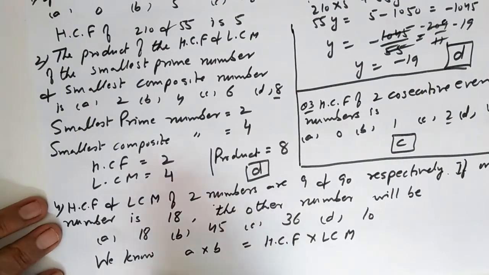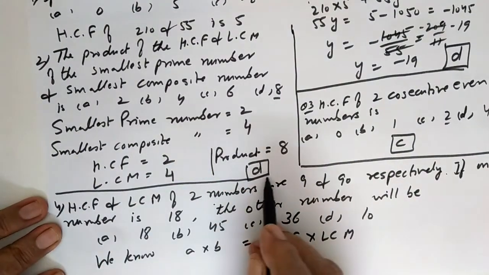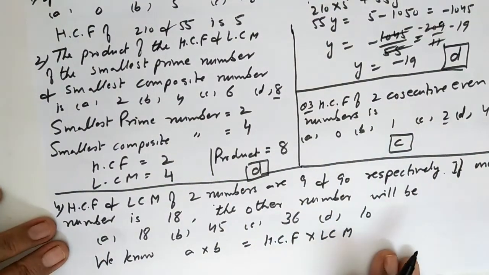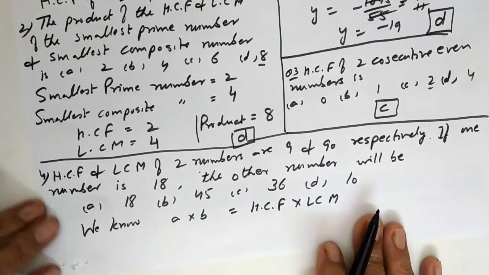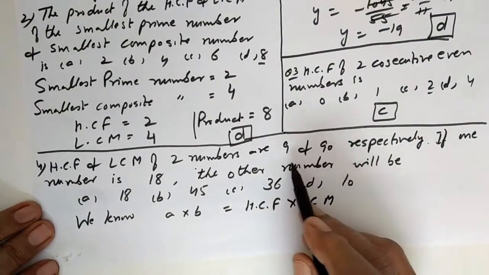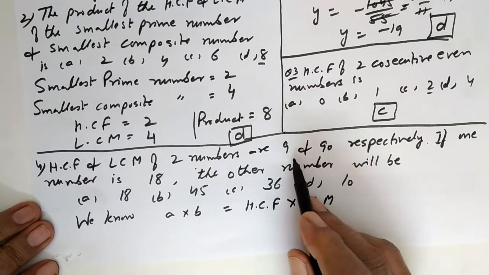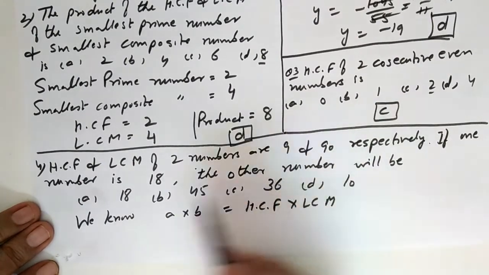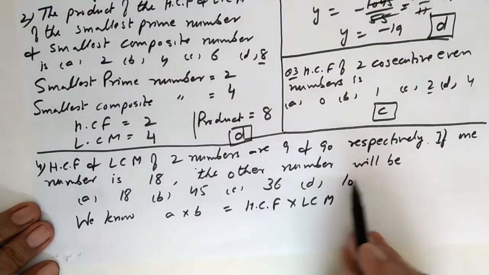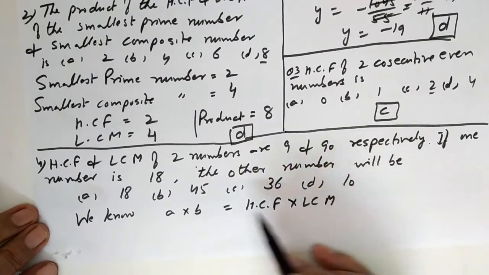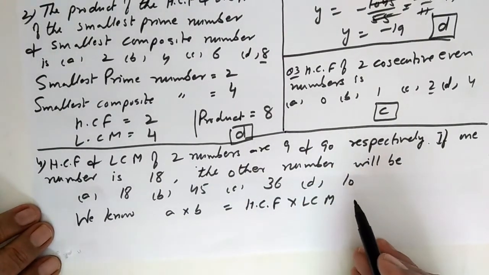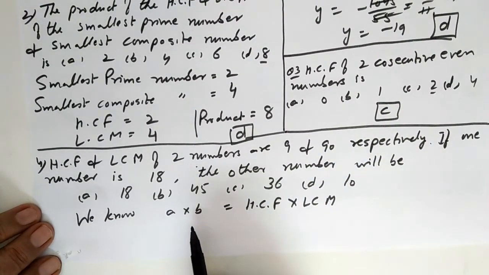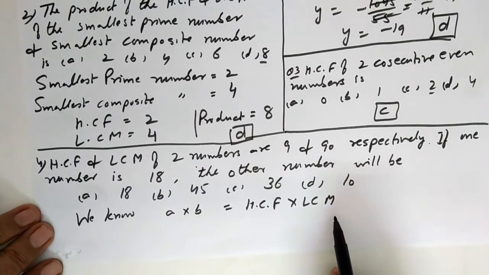Next question. You are given HCF and LCM of two numbers are 9 and 90. Here HCF or LCM है. One of the number is 18. Then the other number will be. Again choices are given. You know product of the numbers is equal to product of the HCF and LCM.